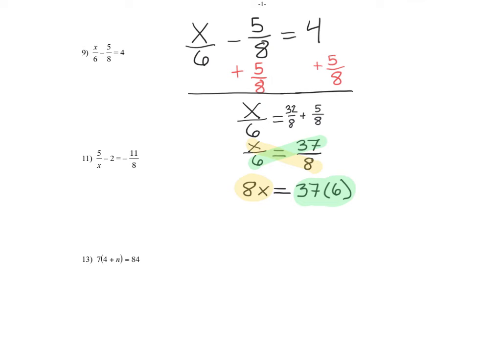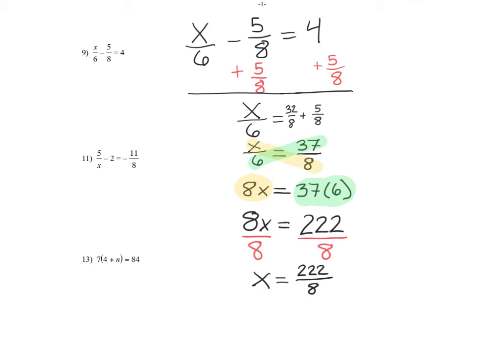37 times 6 is 222. So my new equation says 8x equals 222. Lastly, to isolate my x, I need to divide both sides by 8. When I do that, I get x equals 222 over 8.